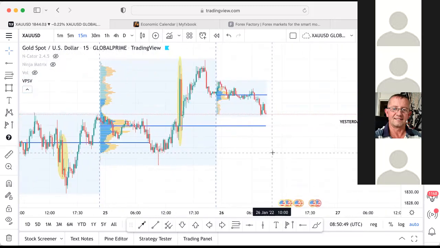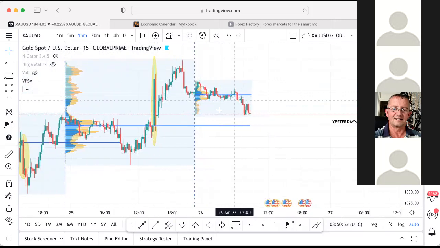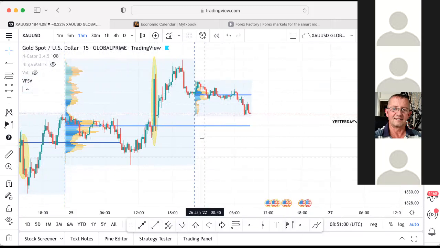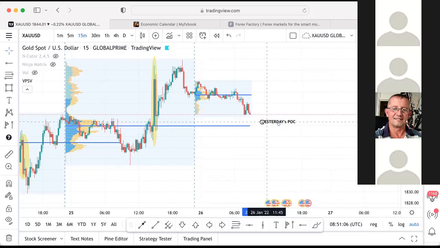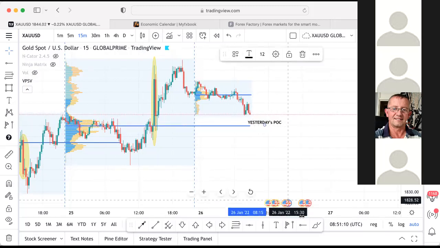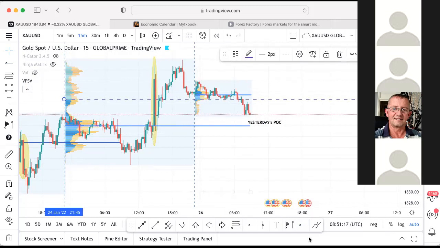And what we need to add to this is the value area. So this line here, this blue line, is yesterday's point of control. And we just need to mark on the value area high, value area low.